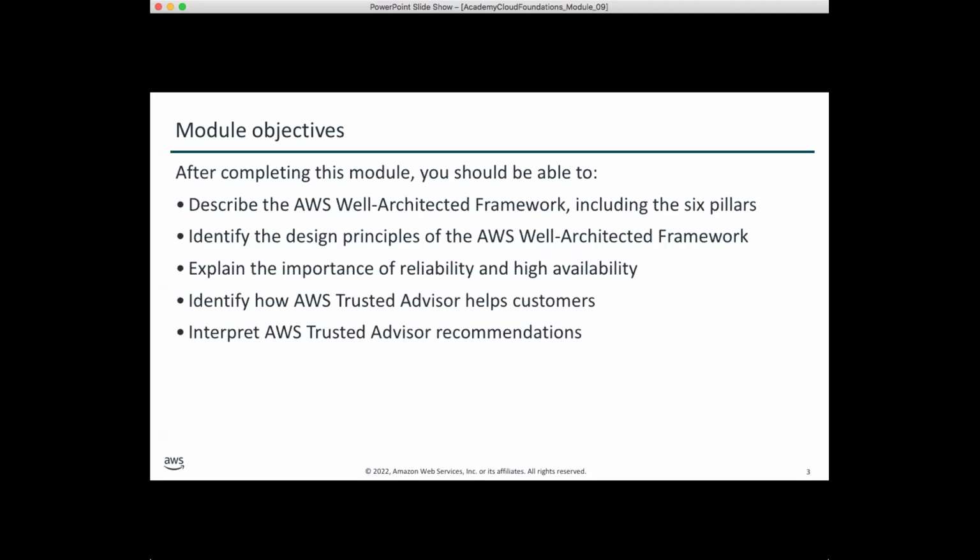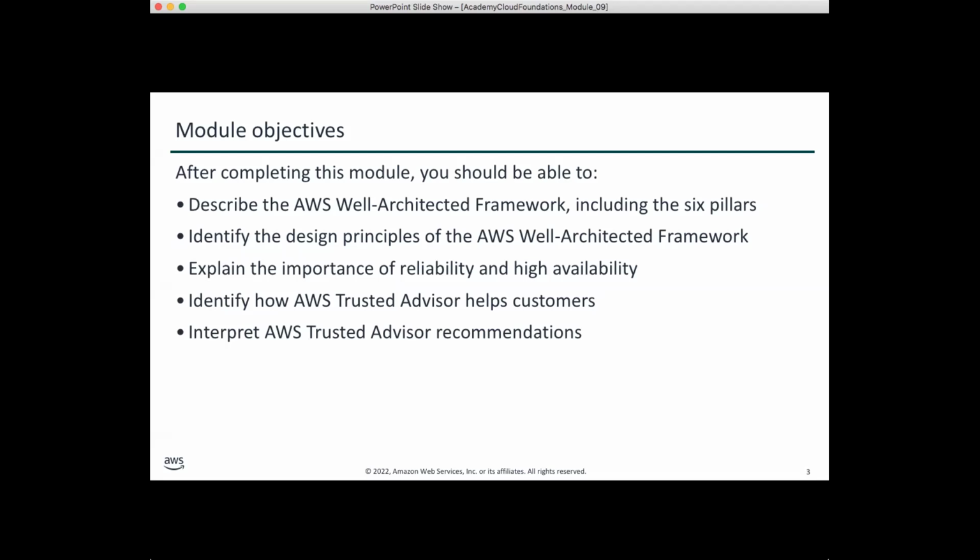So the objectives of this module are to understand and describe the AWS Well-Architected Framework, which includes 6 pillars. One by one, we'll look at them next, and then identify the design principles of the framework. So design principles and best practice recommendations both constitute the Well-Architected Framework.